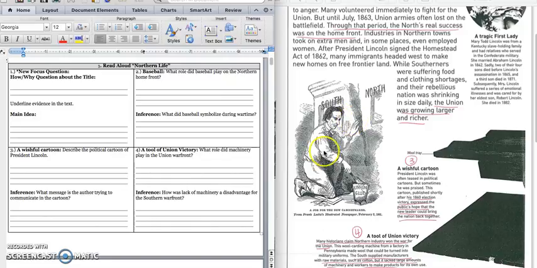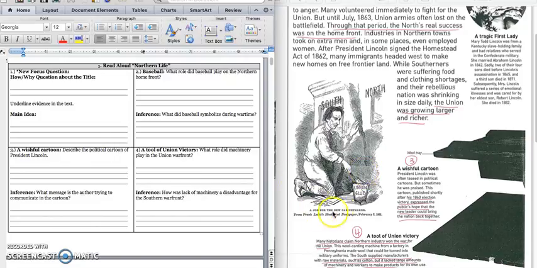And we would say the political cartoon depicts Abraham Lincoln repairing a wall that has split in two. The wall represents the North and South. Press pause to write down your answer and play when you're ready for the second part. We want to know what message the author is trying to communicate in the cartoon. And if Abraham Lincoln is repairing a wall between the North and the South, the author is trying to let us know that the North and the South, or the United States, is divided.